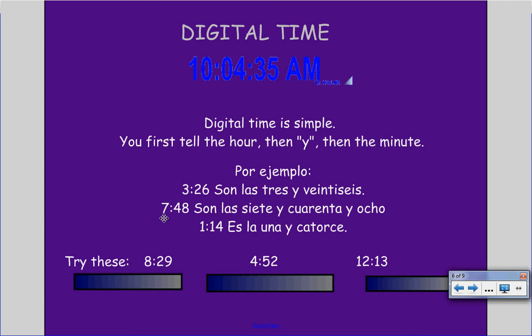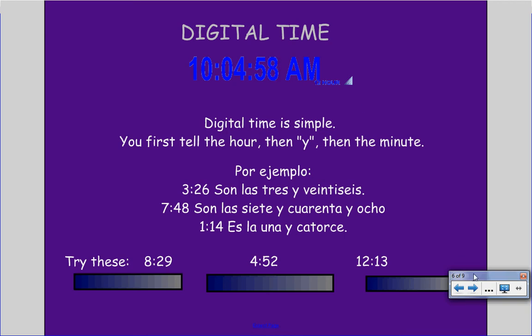If it was 7:48, you would say son las 7:48. If it was 1:14, you would say es la 1:14. Right now it's 10:04, so I would say son las 10:04. It's almost son las 10:05.